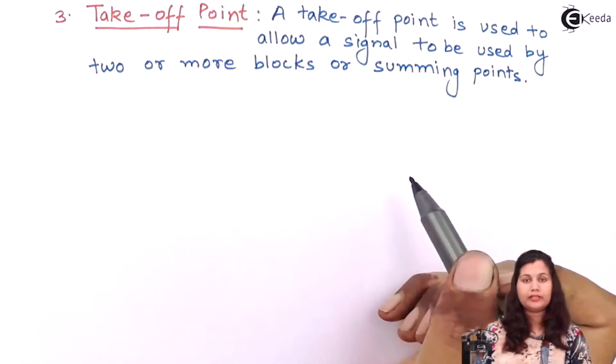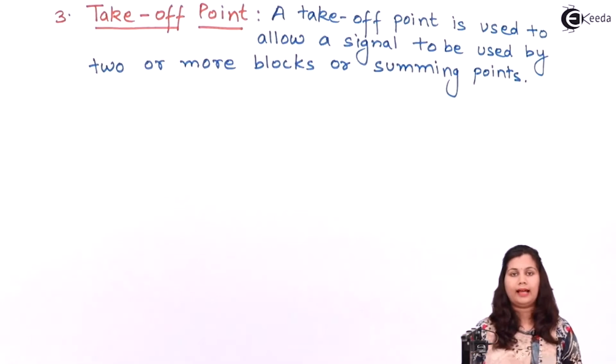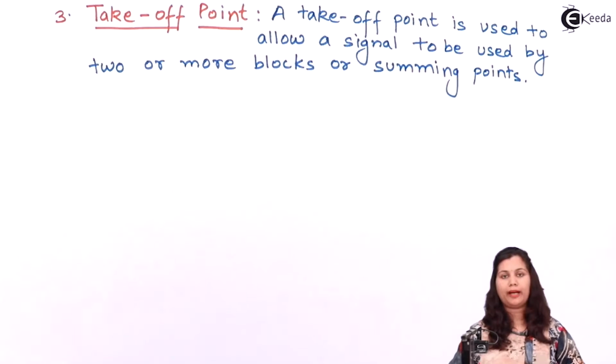So through a takeoff point, we can use a single signal and this signal can be used by two or more blocks or summing points.